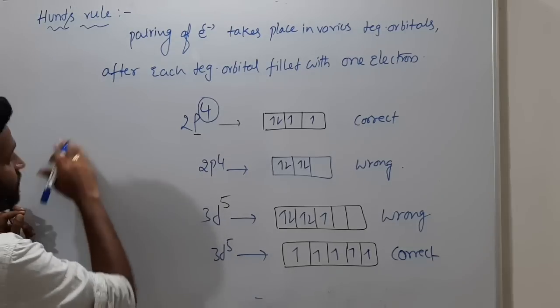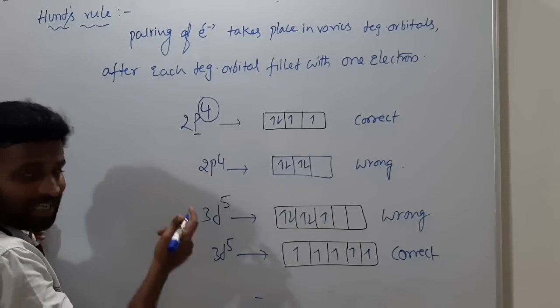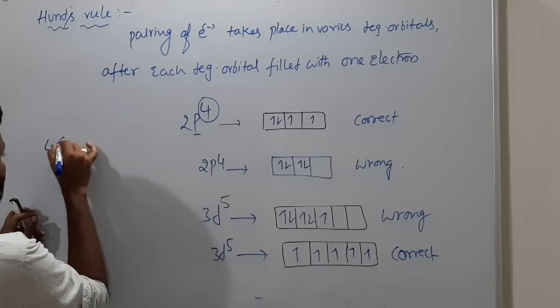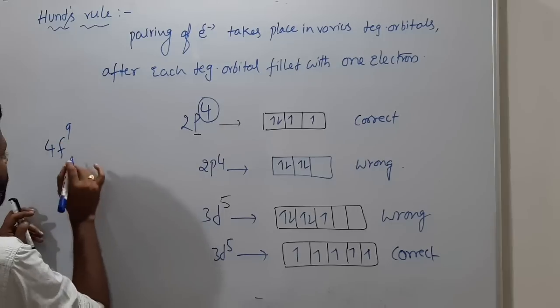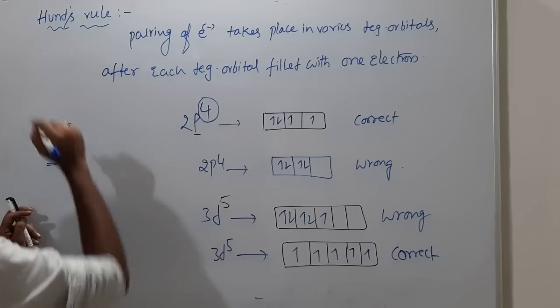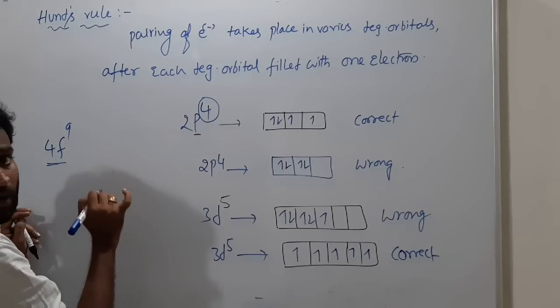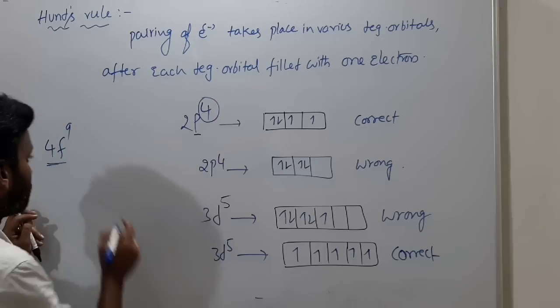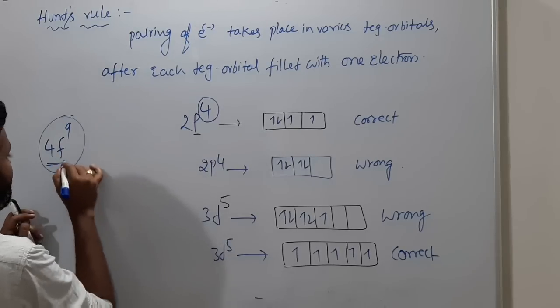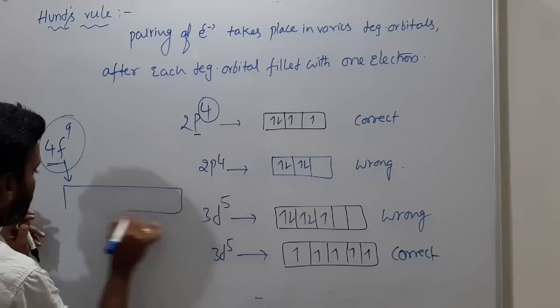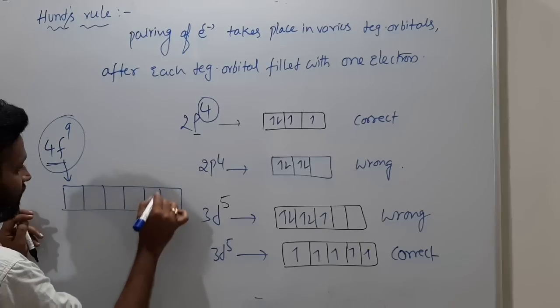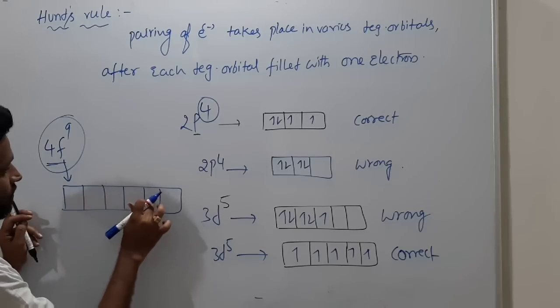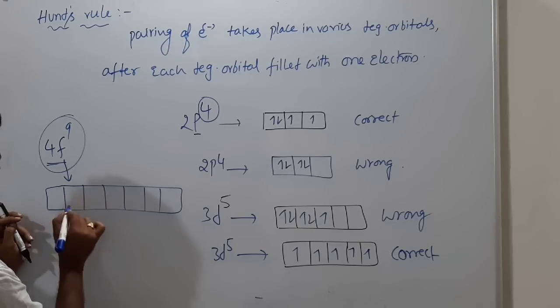After class, I am giving you 4f9. How to fill 9 electrons according to Hund, you have to send in our WhatsApp group. 4f9. F means I am giving one hint here: there are 7 orbitals, 1, 2, 3, 4, 5, 6, 7.